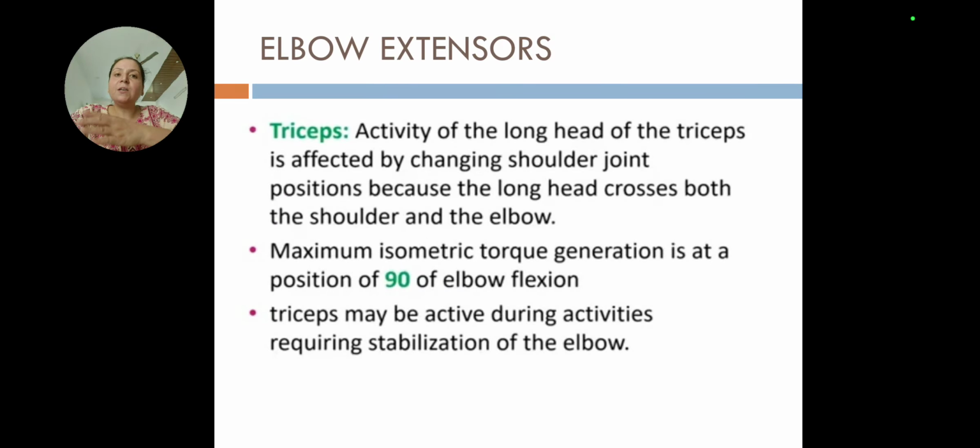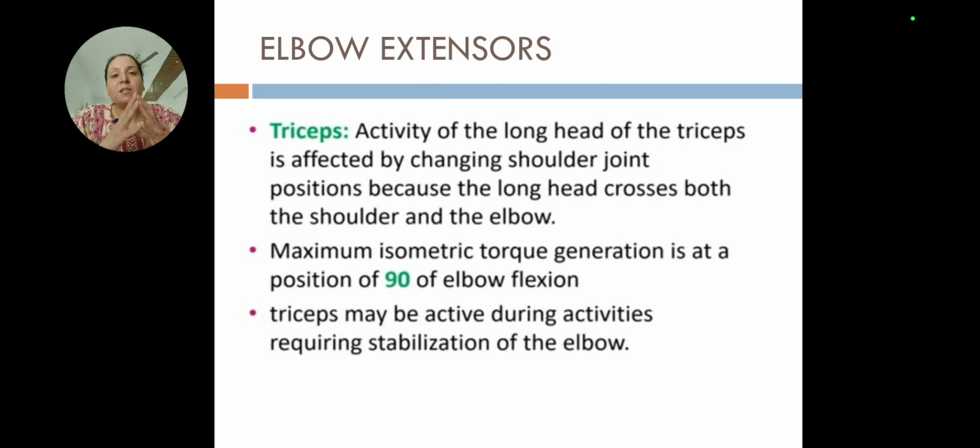Now elbow extensors are the triceps, and the triceps is again a two joint muscle, so it will be affected by the position of the shoulder. So you can see that whenever you want to have a good action of the elbow, if the shoulder is flexed, the amount of force production will be more. Fine. So the isometric torque generation of the triceps muscle is maximum when the elbow is at 90-degree flexion.